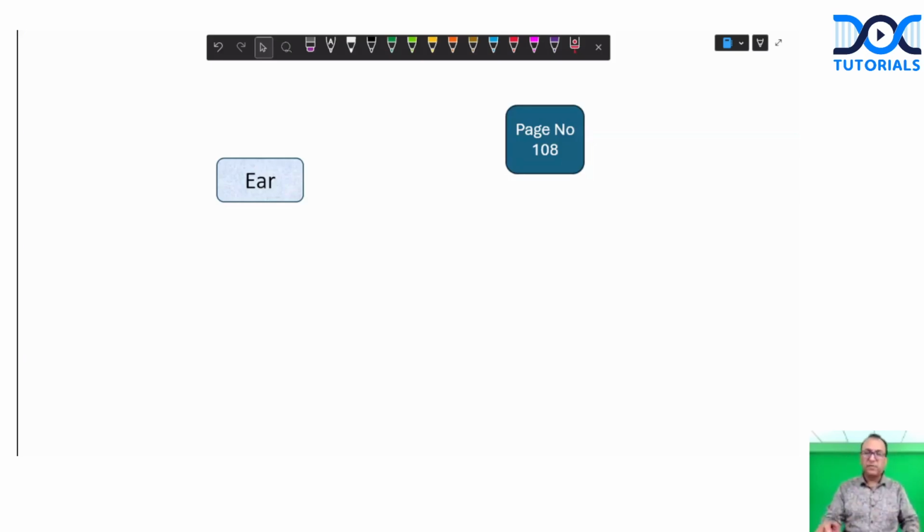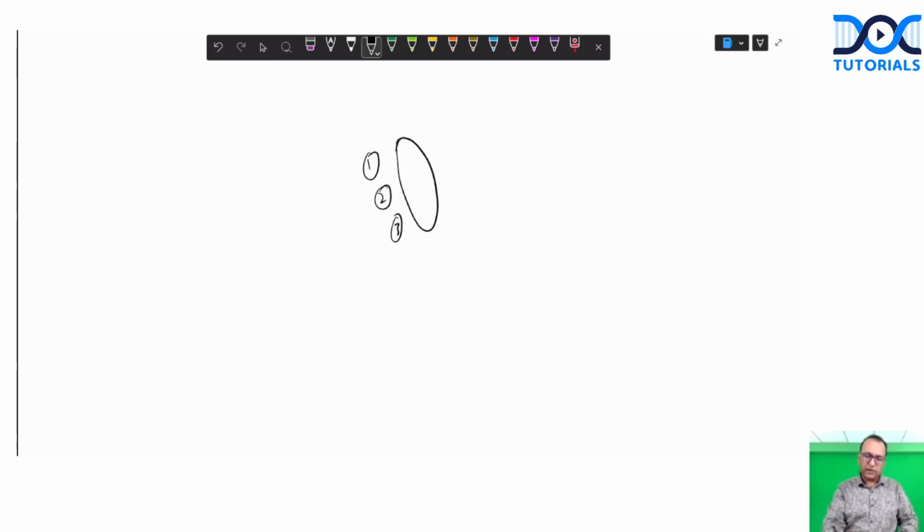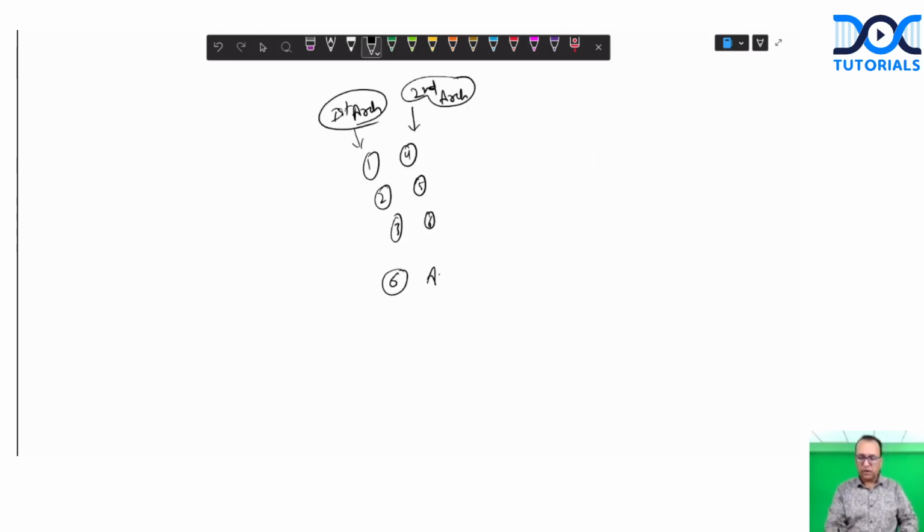Page number 108, the ear: the first arch gives three auricular hillocks and the second arch also gives three auricular hillocks. So 1, 2, 3 and 4, 5, 6. These three auricular hillocks come from the first arch and the next three come from the second arch. These are 6 auricular hillocks.